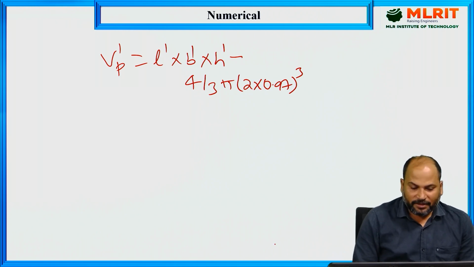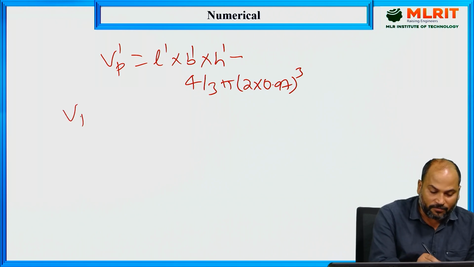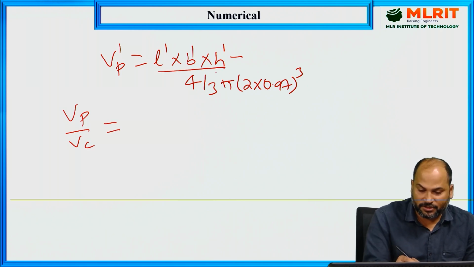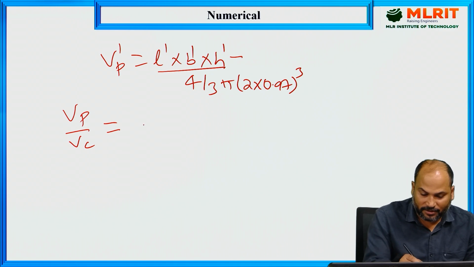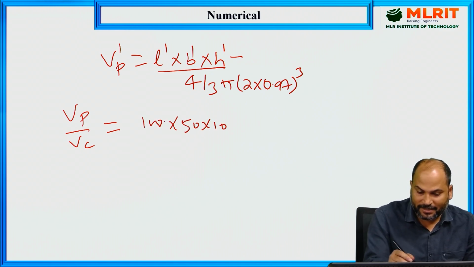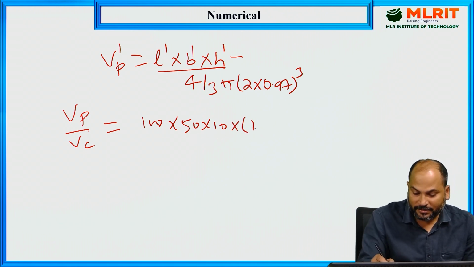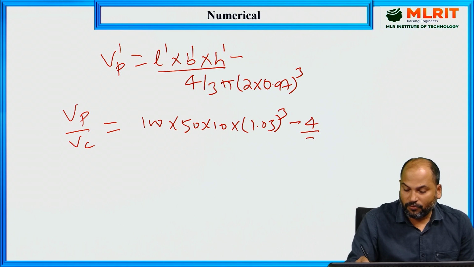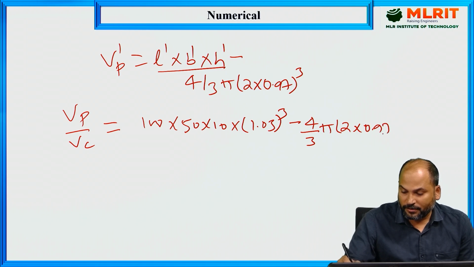What do we have to calculate here? According to the problem, we simply have to calculate the ratio of these two. So we can put the values: 100 into 50 into 10, and as 1.03 is coming in all three, we can simply take 1.03 cube, minus the volume of the cavity, 4/3 pi, and r is nothing but 2 into 0.97.